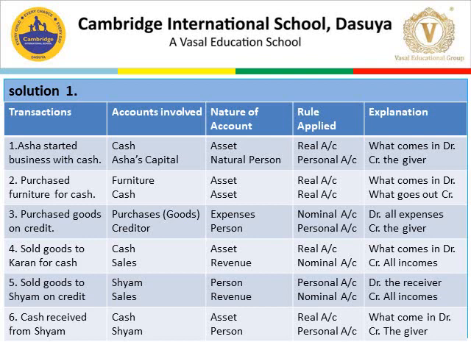Cash is an asset and Sham is a person. The rule applied here is, for cash, real account, for Sham, personal account. Real account, what comes in, debit, so cash is coming in. That is why cash is debited. Personal account, credit the giver, so Sham is credited here.